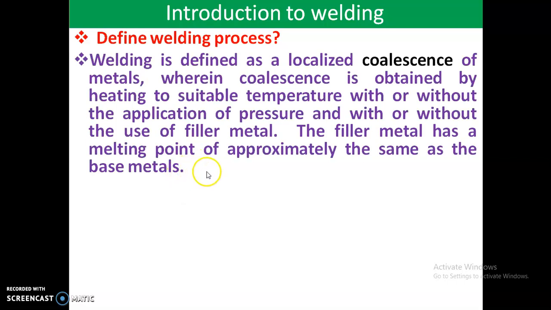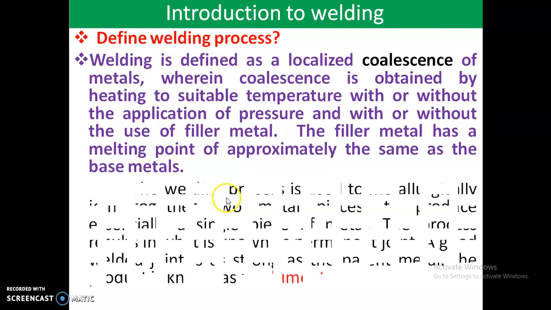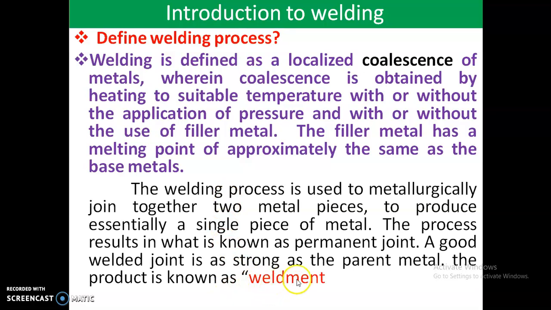The welding process is used to metallurgically join two metal pieces to produce essentially a single piece of metal. That process results in what is known as a permanent joint. A good welded joint is as strong as the parent metal, and that product is known as weld metal. So I hope you understand the definition of the welding process.